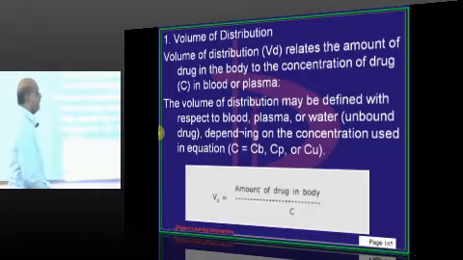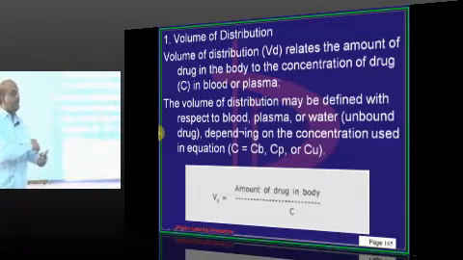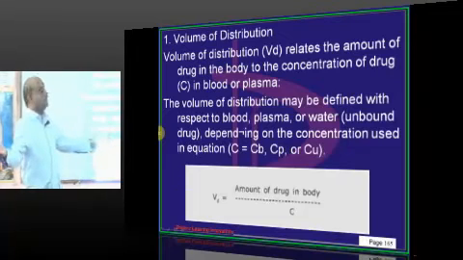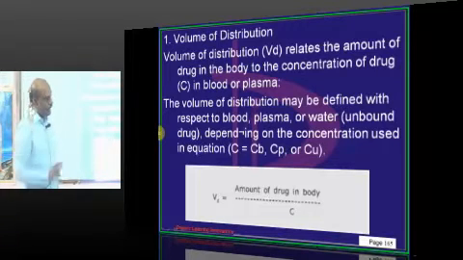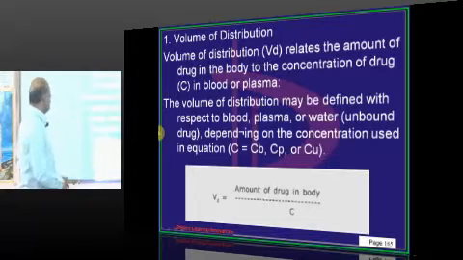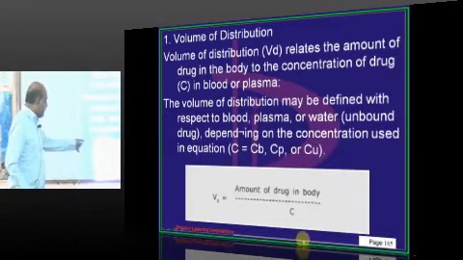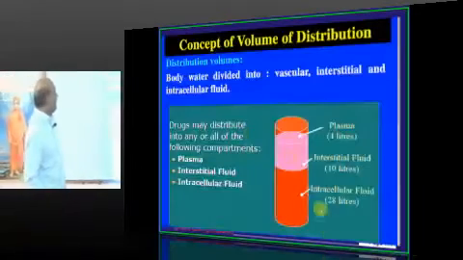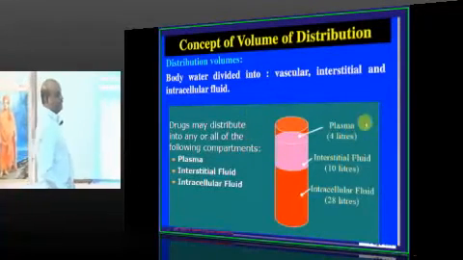Right? Then, if you give more drug, more drug will distribute, hence volume of distribution is directly proportional to the amount of the drug you have given and inversely proportional to plasma concentration. Hence, volume of distribution is amount of drug divided by the plasma concentration, is what you need to remember.